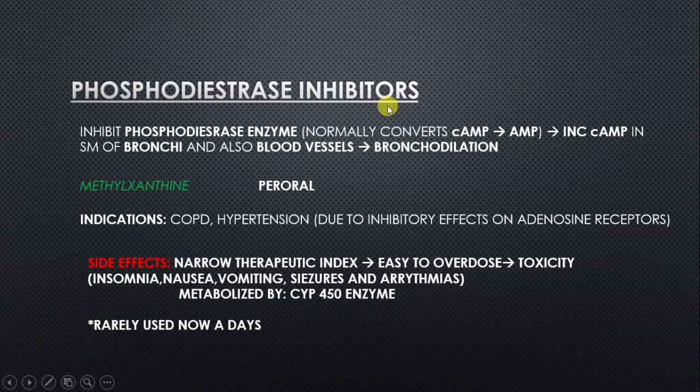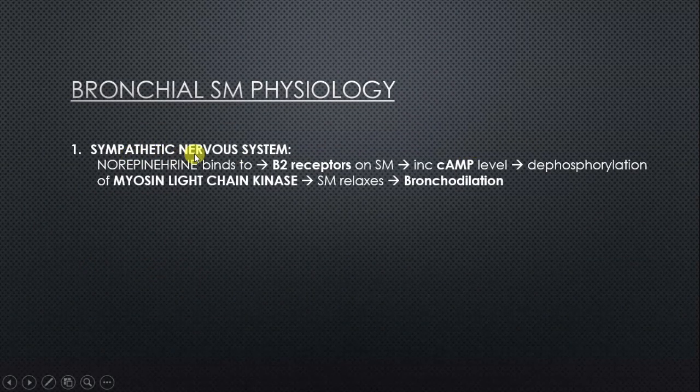Moving toward phosphodiesterase inhibitors, these inhibit the phosphodiesterase enzyme, which normally converts cyclic AMP into AMP. Now, we have discussed that the sympathetic nervous system causes activation of beta-2 receptors that causes an increase in the cyclic AMP level. When the cyclic AMP level is increased, that causes dephosphorylation of myosin light chain kinase that leads to smooth muscle relaxation, leading to bronchodilation.